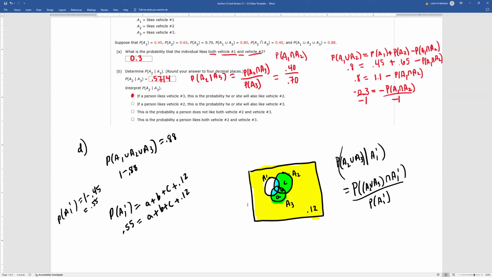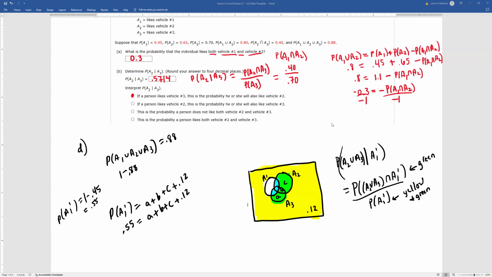The green part is my top. The yellow and green together is all of the not A1. That's everywhere we had yellow before we added the blue. So that was also the green area. If we can figure out what just A plus B plus C is, we'll have our numerator for this conditional probability. So I just need to subtract over that 0.12.